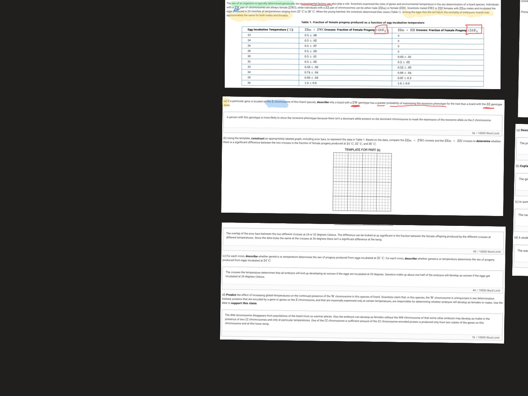So, when you have a ZW, if this chromosome, the Z chromosome, has a little a, and on this W chromosome you don't have the A gene at all, because that's the whole point of having a different chromosome, to have different genes, then you only need one little a to show the recessive phenotype.